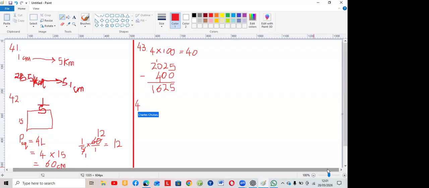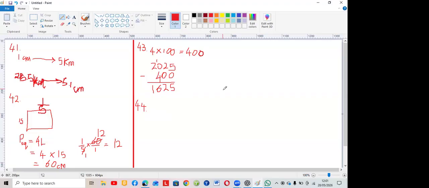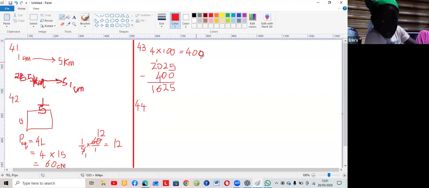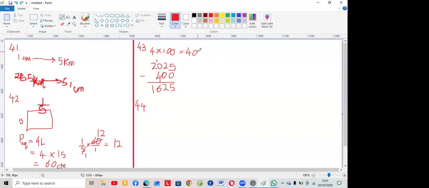Let's go to number 44. Yes, Favor. 40 is 400. Did I write 40 anywhere? Yes, you wrote 40. I had to help you write the second zero. I wrote 400. I think when I was erasing, I mistakenly erased the 0.